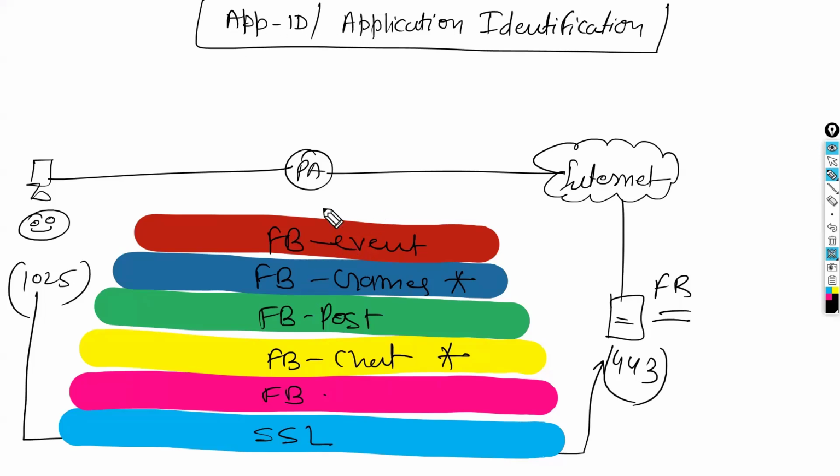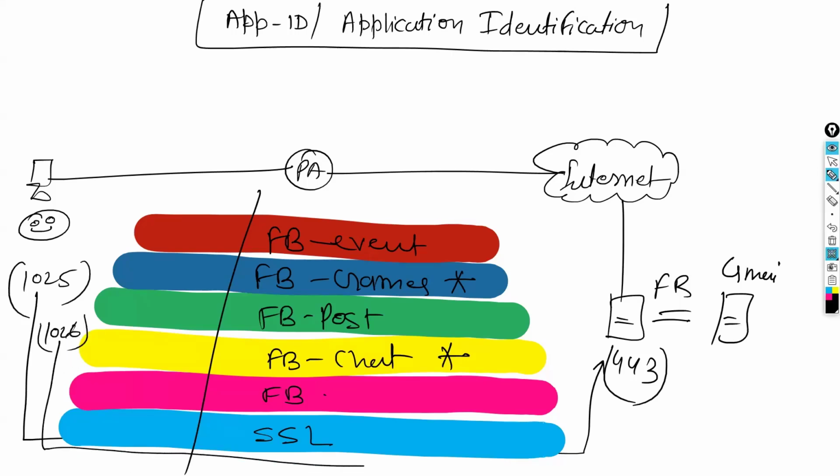Now, as we are talking about Facebook here, similarly, if you have a server which belongs to, for example, Gmail, the same thing will happen when you access that server. You will use another dynamic port number like 1026 and hit port number 443 of Gmail.